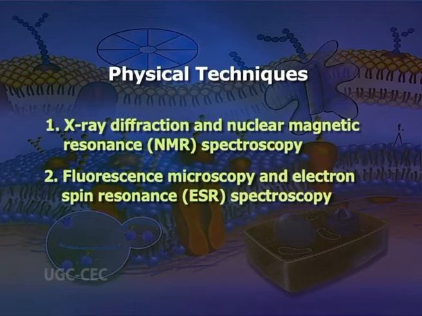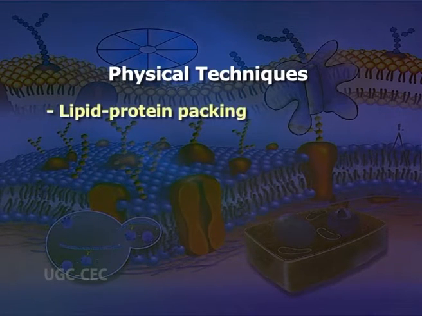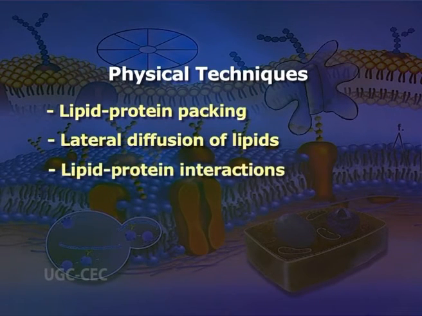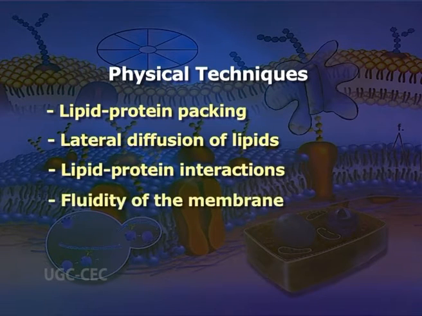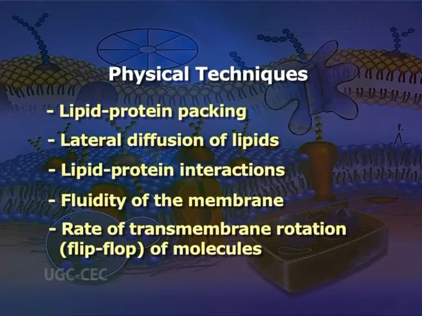These physical techniques can be subdivided on the basis of their ability to examine either the lipid or the protein components or both. The data obtained provide information on lipid protein packing, lateral diffusion of lipids, lipid protein interactions, the fluidity of the membrane and the rate of transmembrane rotation, that is flip-flop of molecules across the bilayer.